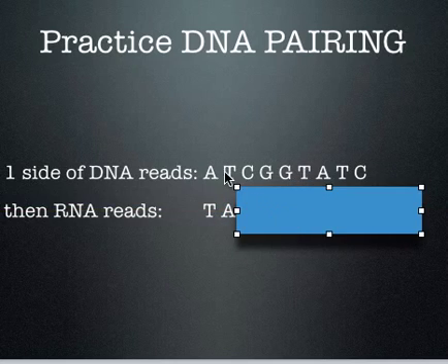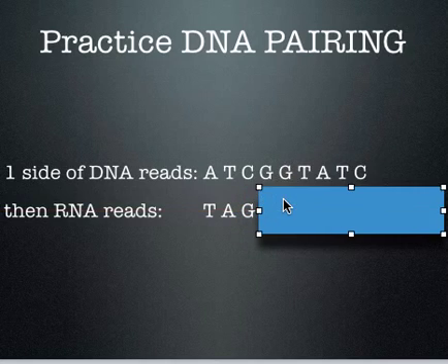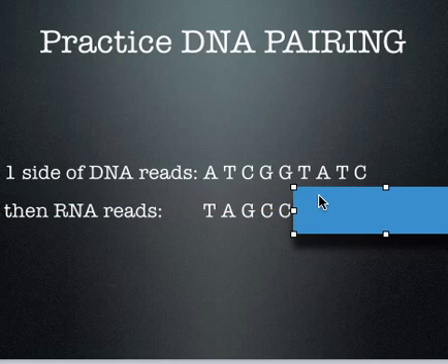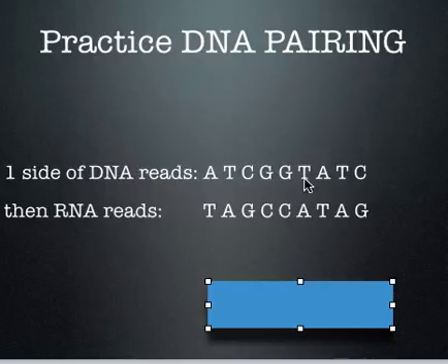Well, it's going to be an A. So this T up here will bond with this A here. What's this C going to bond with? G. These 2 G's are going to always bond with C. So C now, if you can't figure the rest of this line out, and there it is. So the T bonds with this A, the A bonds with that T, the T bonds with the A, and the C bonds with the G. And that is true for all life forms on Earth, period, no exceptions.